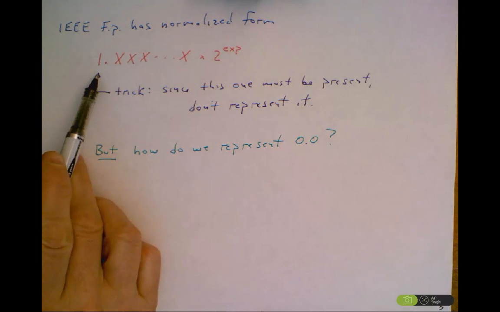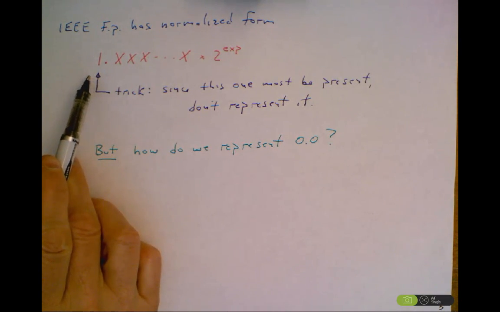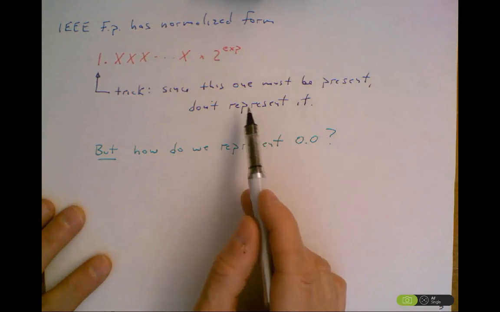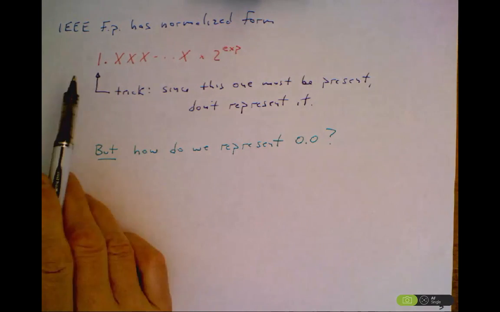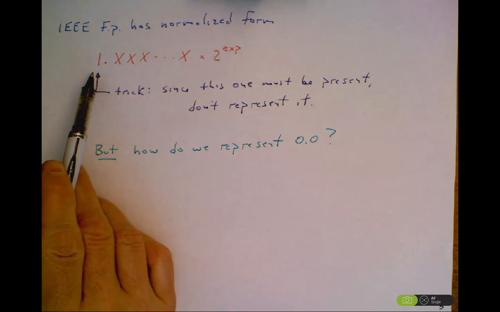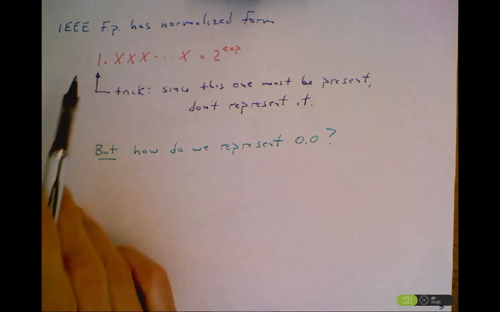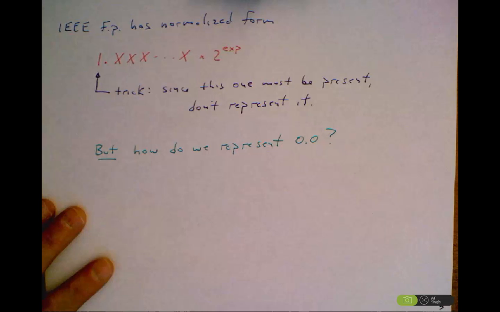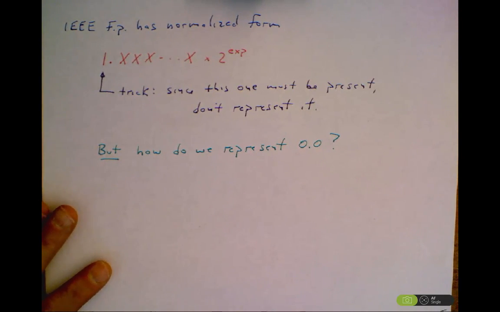Since this 1 always has to exist, the trick that the IEEE approach uses is that we're not going to store it. We're not going to store that 1 bit because it always has to be there. So we don't need to represent it, so we can actually squeeze an extra bit out for the significand through that trick.